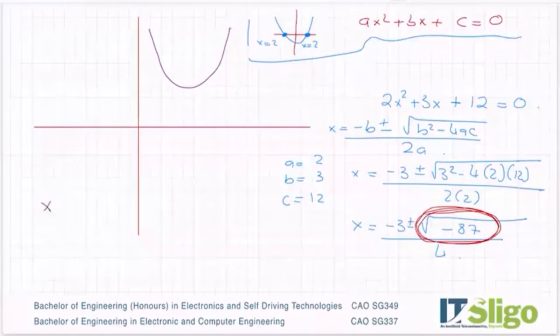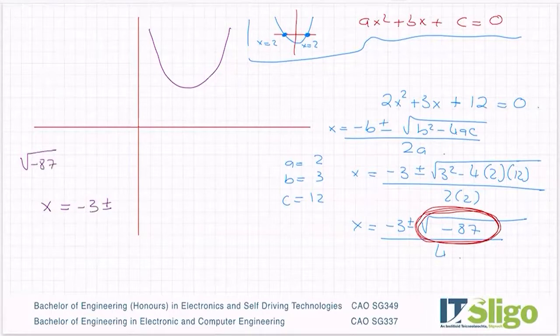So how do we get around it? Well, instead of this square root of minus 87, we break it up into the square root of 87 multiplied by minus 1. If I multiply them together, I'm going to get minus 87.